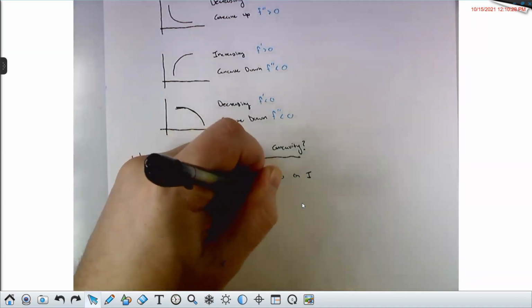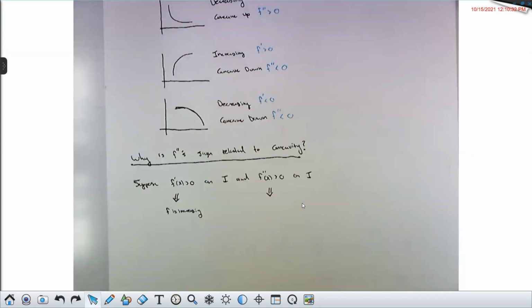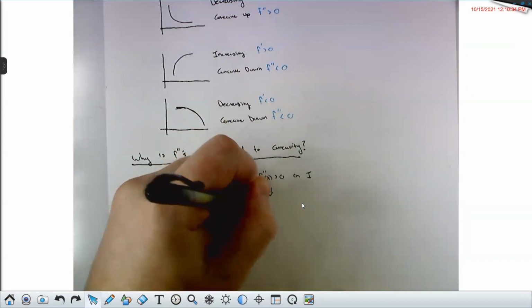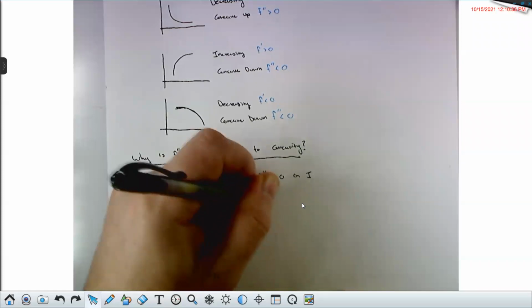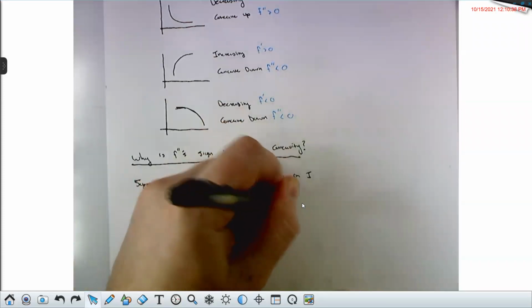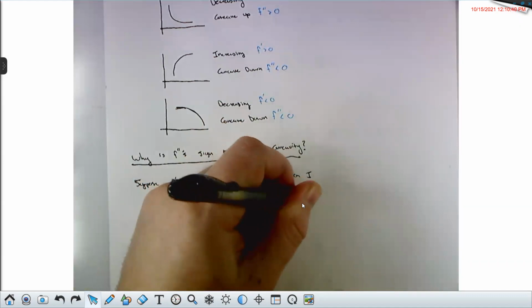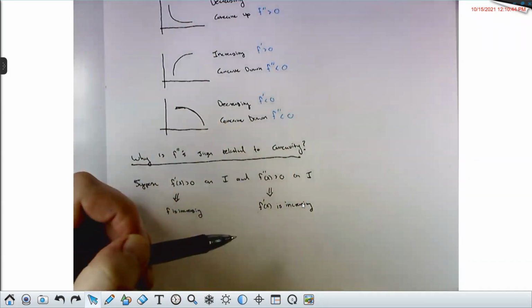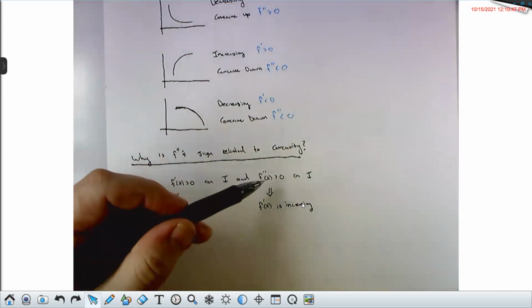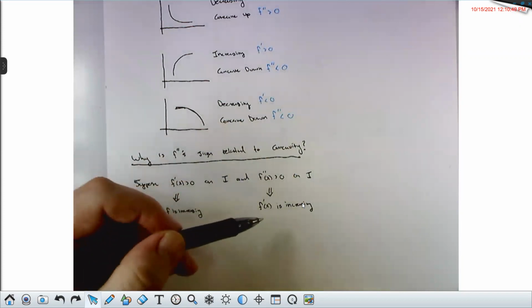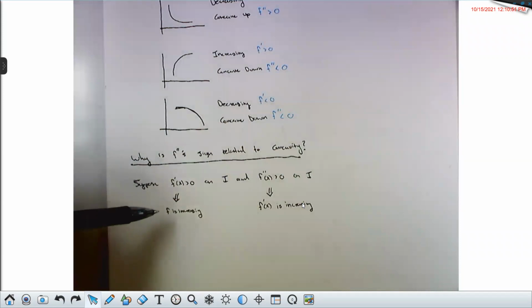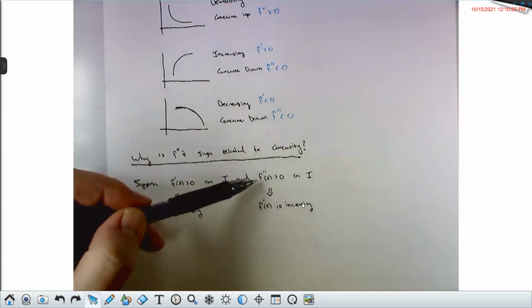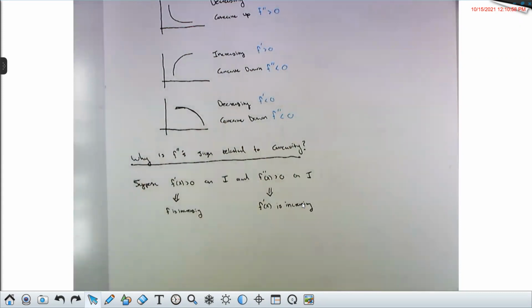If f double prime is positive, that means that f prime is increasing, right? F double prime is the derivative of f prime. So if f double prime is positive, that means f prime must be increasing. It's exactly the same logic, right? If your derivative is positive, you are increasing. Well, f double prime is the derivative of f prime. So what does it mean to say f prime is increasing?